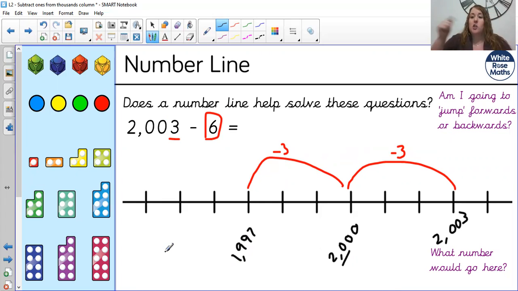If you physically got to do each jump and do 2000, 1,999, 1,998, 1,997, that's absolutely fine too. It's whichever you can see the clearest. And I'm just going to pop my answer in black there. 1,997.